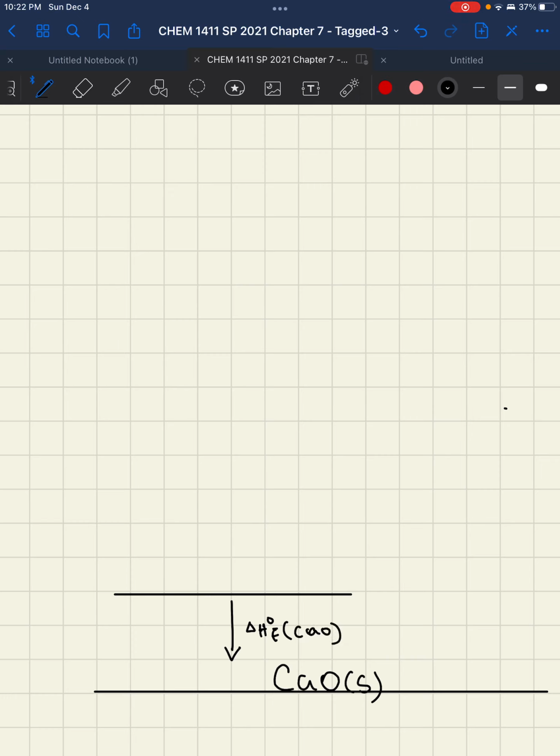Okay, so then you have calcium solid plus 1/2 oxygen gas. Let's do it this way.